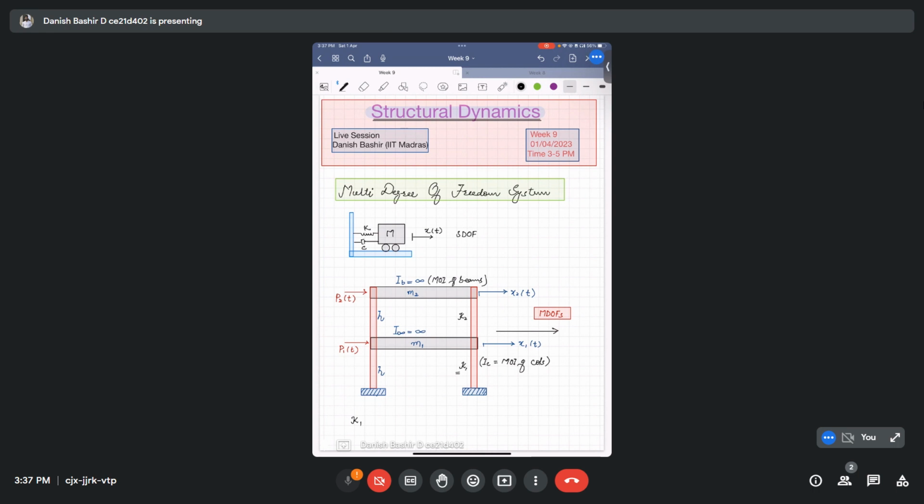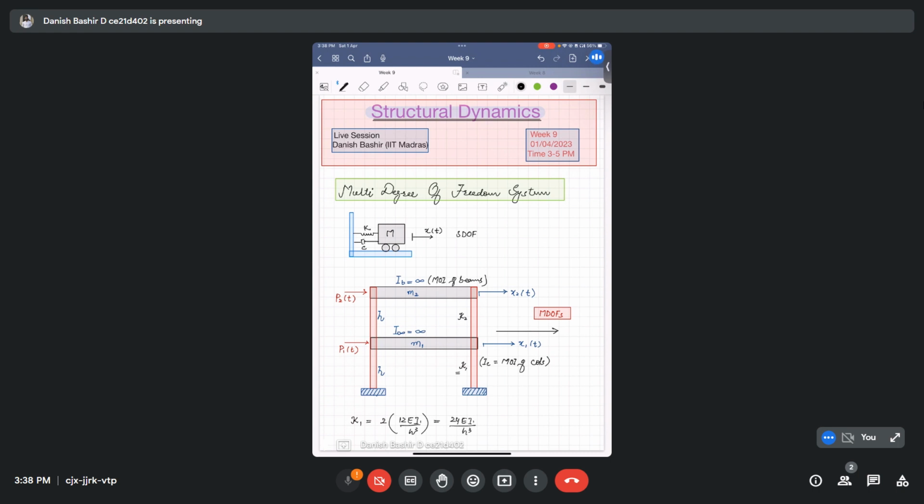K1, in this bay we have two columns, so it will be 2 into 12 EI by H cube. The bending stiffness of each column is 12 EI by H cube, so for floor level 1 it is 24 EI1 by H cube.